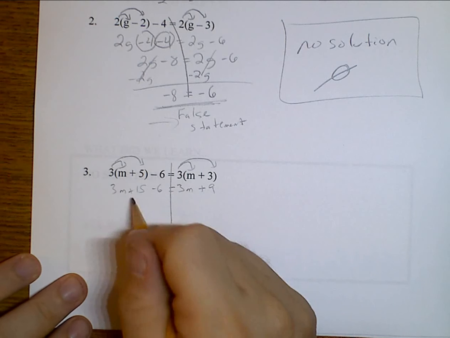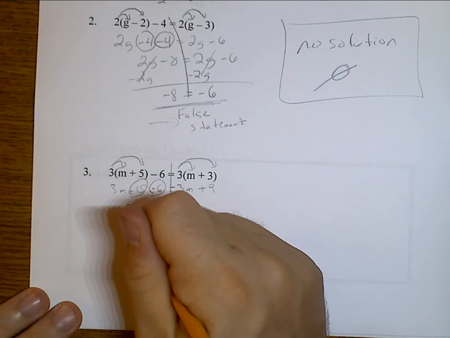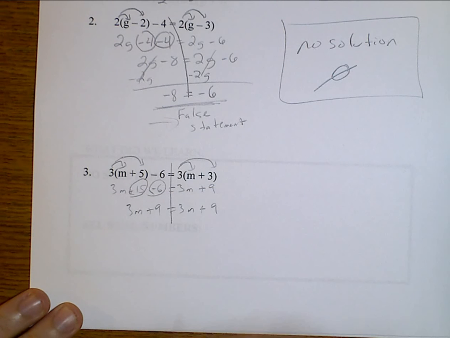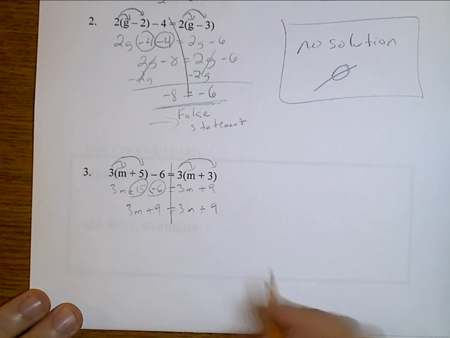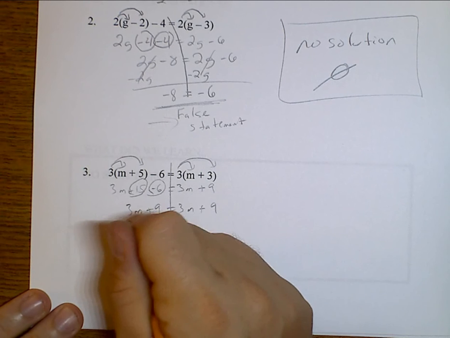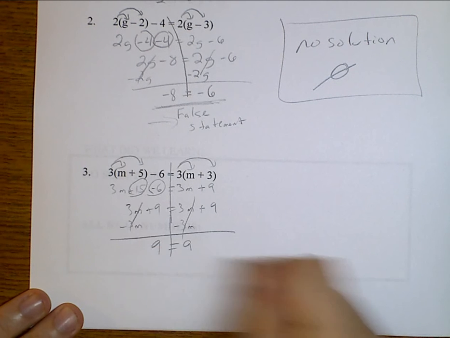I have some similar terms to combine. 15 minus 6 gives me 9, so I have 3m plus 9 equals 3m plus 9. And you may be going, hey, these look the same. They do. And when I do the next step of eliminating the variable, it gets eliminated on both sides, and I wind up with 9 equals 9.